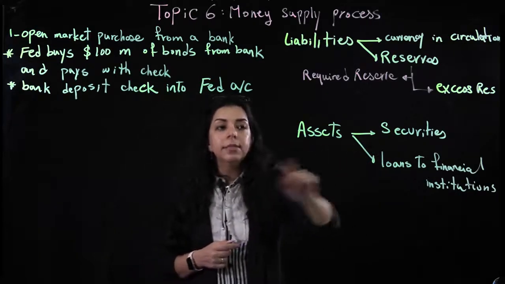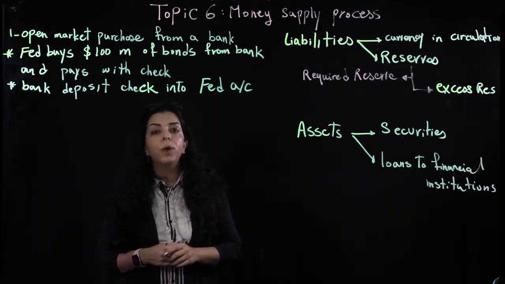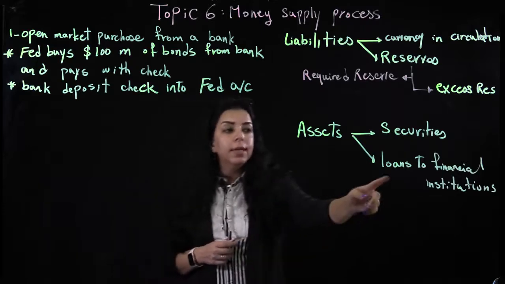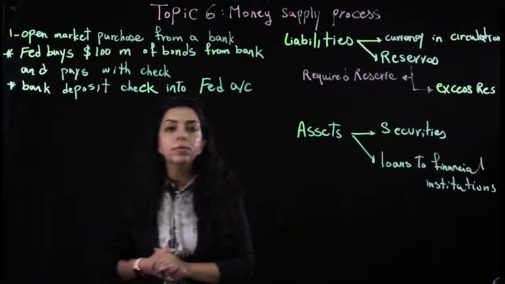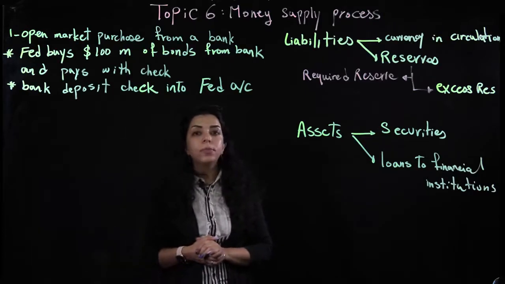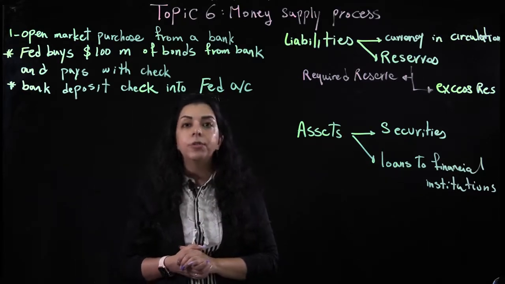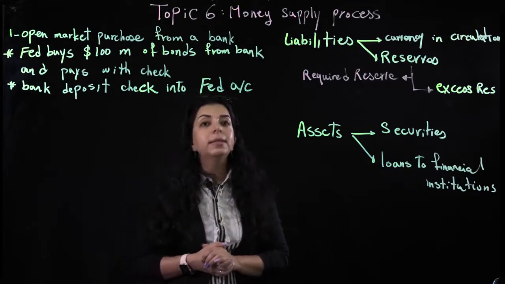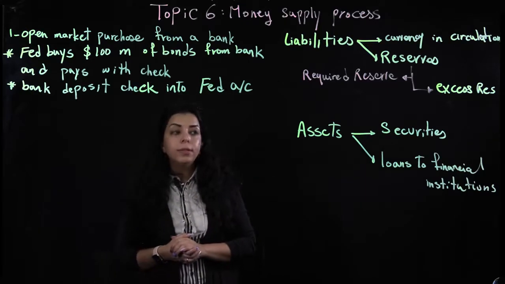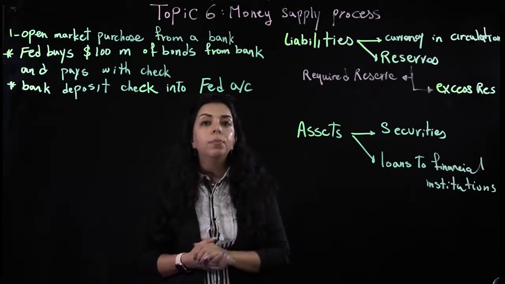Apart from this, the central bank sometimes has the responsibility of providing reserves to the banking system. That's why we say the central bank is giving loans to financial institutions. These loans are sometimes called borrowed reserves. It's a kind of reserve that the banking system has borrowed from the central bank, and anytime the central bank wishes, the banks have to return this borrowed money.